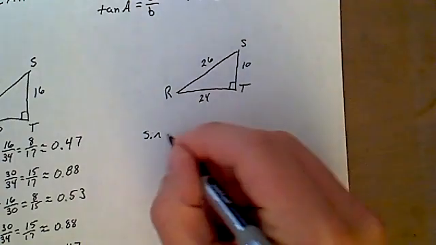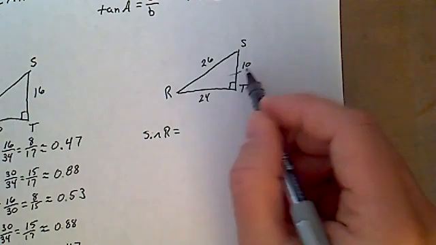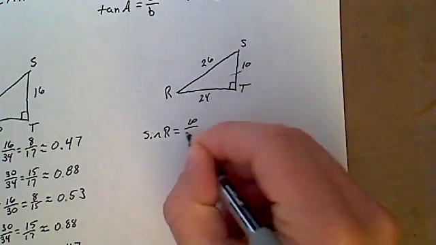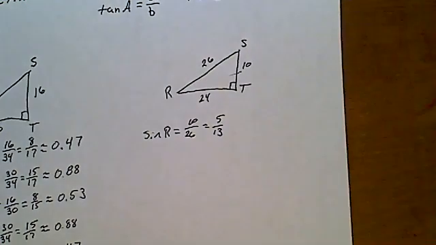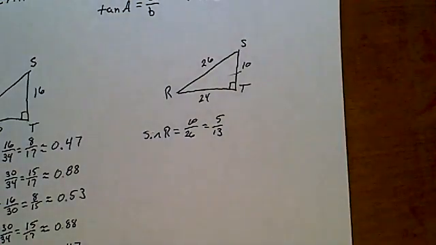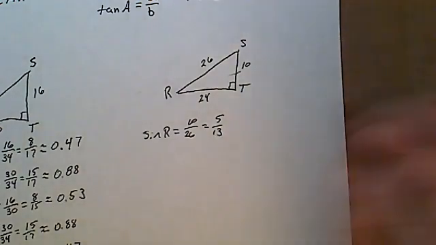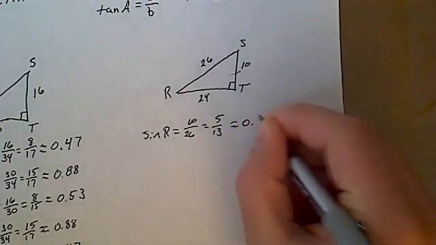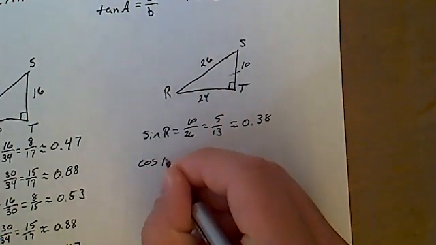All right, so sine of R, the side opposite of R is 10 over 26. That's 5/13, which is about 0.38.